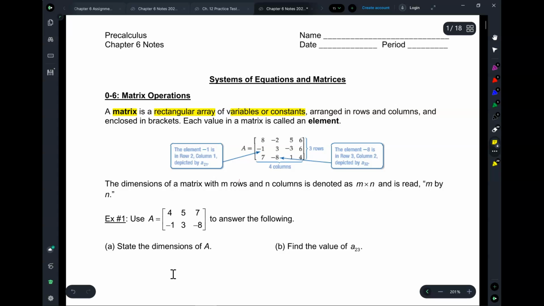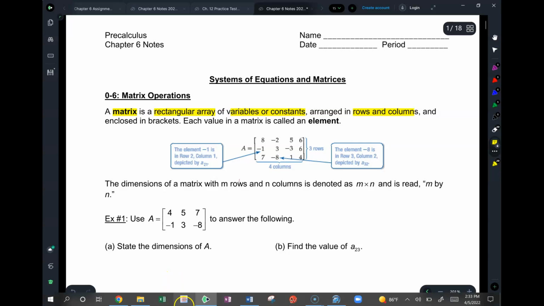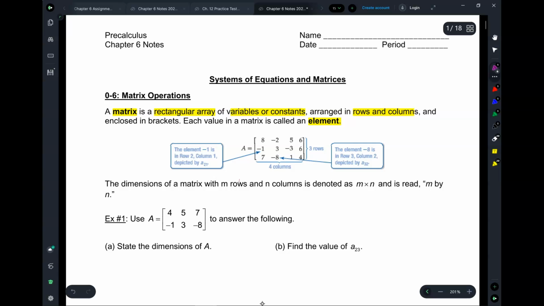This is why math teachers love matrices, because everything is arranged neatly in rectangles and rows and columns in a matrix. So we have rows and columns, and these rows and columns are enclosed in brackets. Each value of a matrix is called an element or an entry. In other books, it might be called an entry or an element. It's the same. Okay. So the thing is, they have to be arranged in rows and columns.